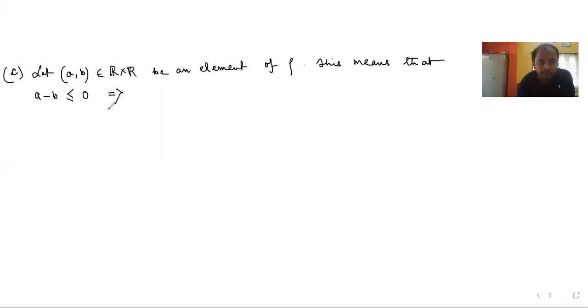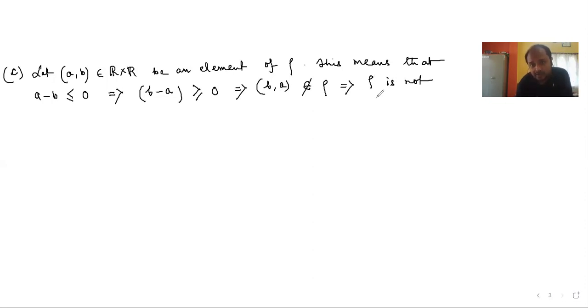Now, whenever we write B minus A, the inequality gets changed. This implies consequently that (B, A) doesn't belong to rho, because to be an element of rho, it must be less than or equal to 0. So therefore, this gives us that rho is not symmetric. It is antisymmetric, but it is not symmetric.